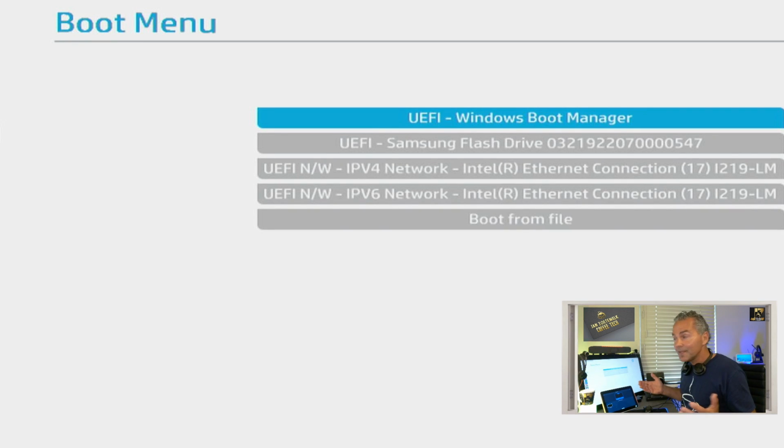Here you go. Now you will be able to boot from the hard drive, or you're also able to choose here the USB stick. So I can choose to boot up from the flash drive, and this will start the recovery procedure from that USB stick.